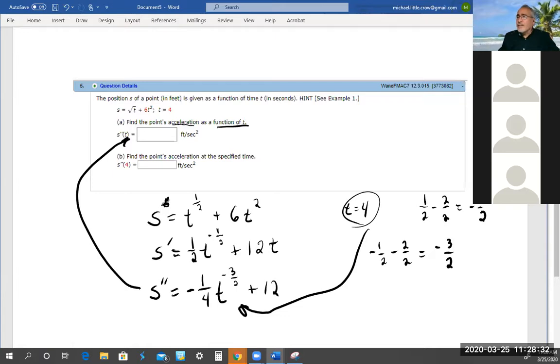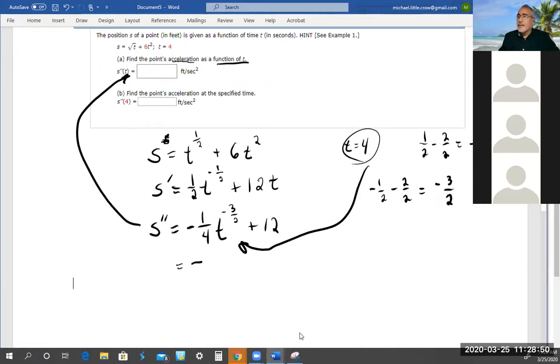And what you get is, since the square root of 4 is 2, 2 to the third power is 8. And remember, that's all down there. So you get minus, we could rewrite this as minus 1/4 over 4 to the 3/2 plus 12.